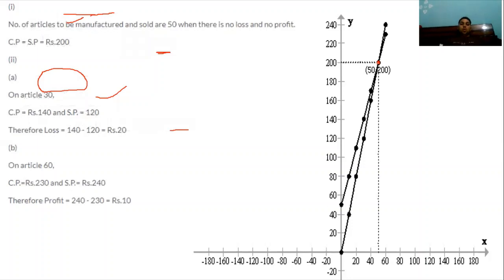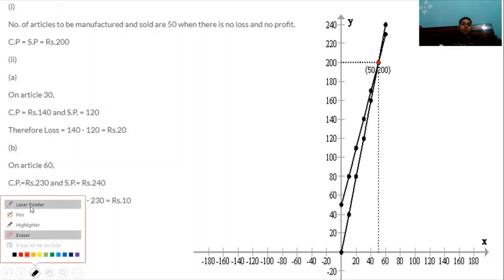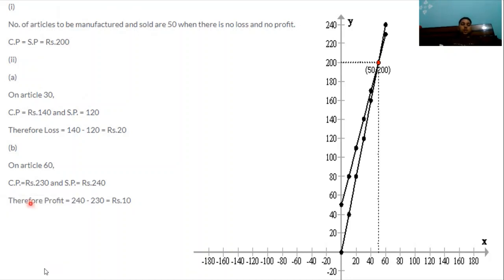So we have the number of articles to be manufactured. These are a few of the parts which are asked in the question.